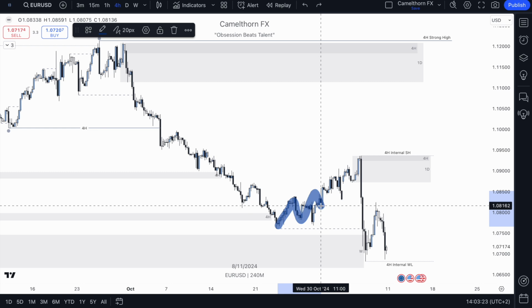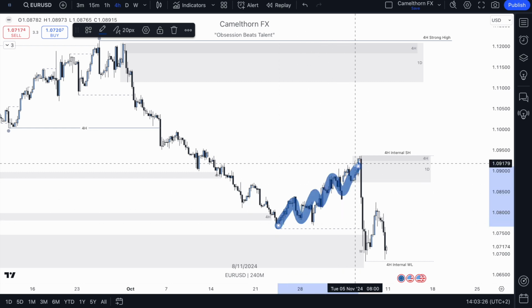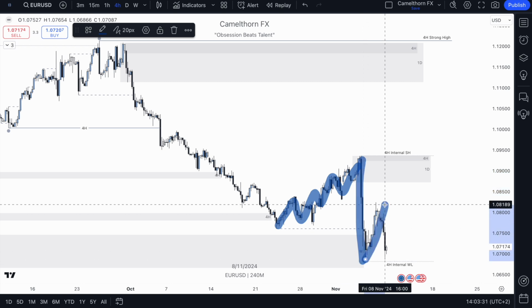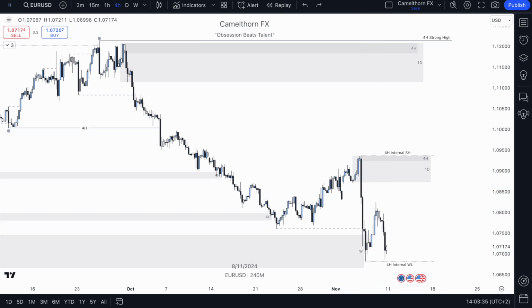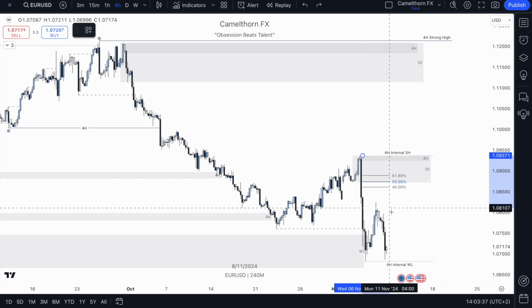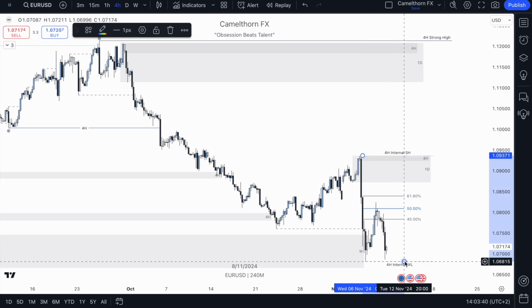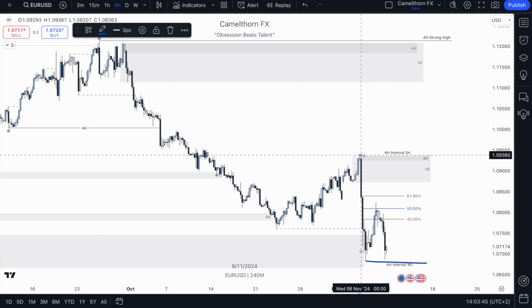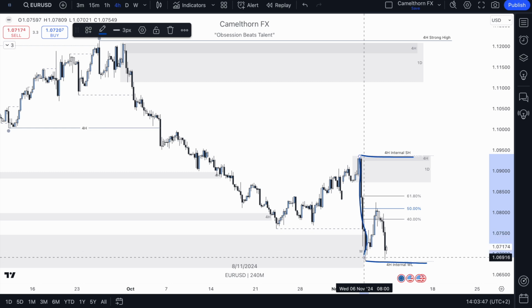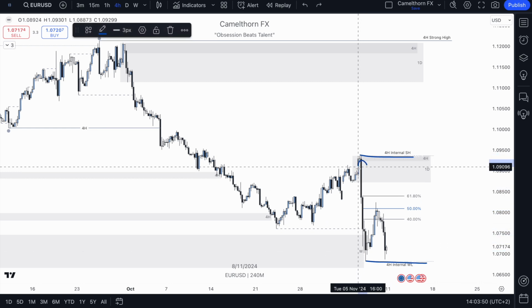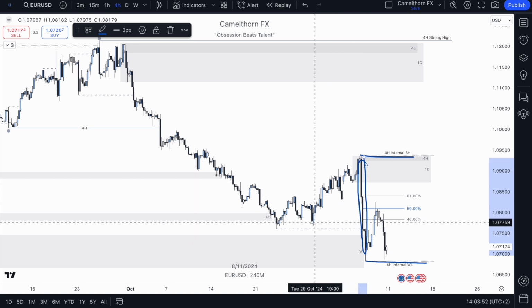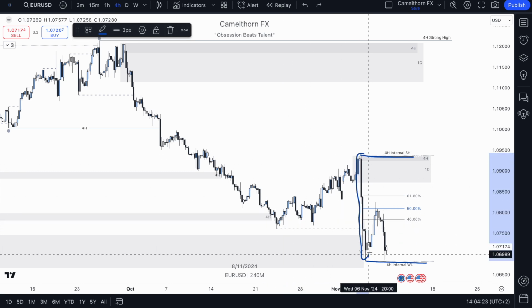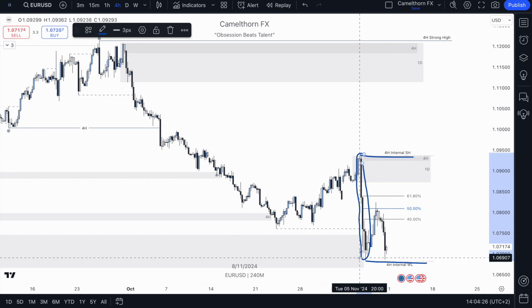Now, the interesting thing with the price delivery that we see in this area is you have very clearly defined microstructure that is facilitating the internal pullback, but then we just have an immediate drop and then price action pulls back. And this is where the 40 to 50% retracement rule can be very beneficial, because by applying the 40 to 50% retracement rule, I am now able to define a new 4-hour internal range, even though during this drop in price, which generated my new bearish internal break, there is no clearly defined microstructure here that is helping facilitate the impulse.